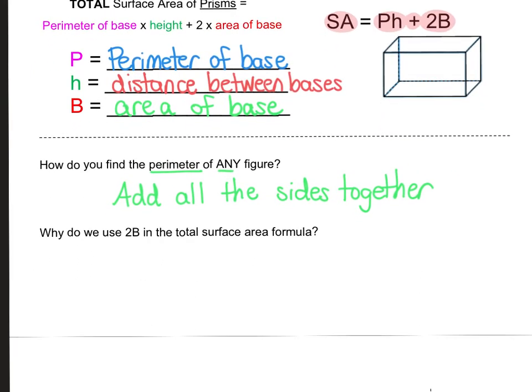Well, because we have two bases, so we need to include both. So once we find the area of one base, we will multiply that by 2, and then we have the area of both bases.